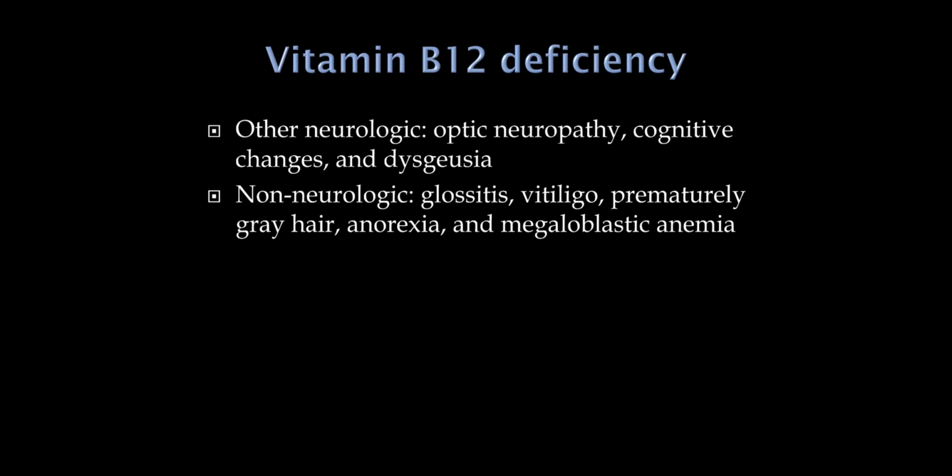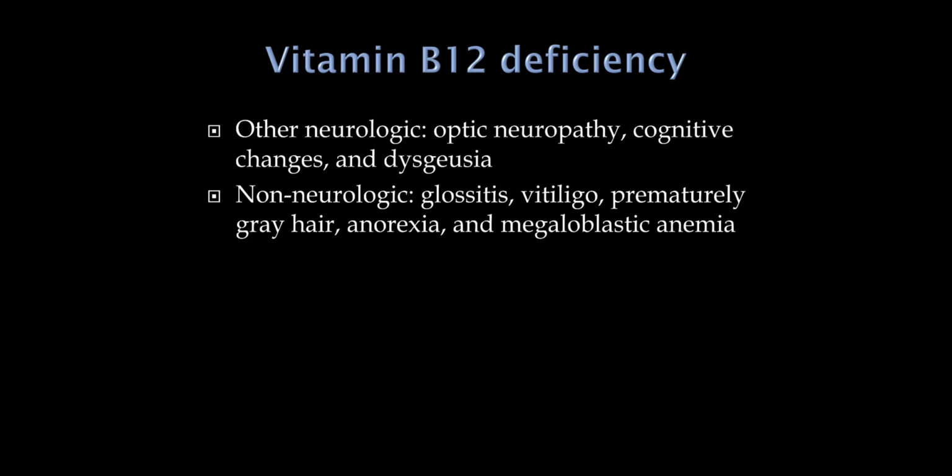Now, B12 can do a lot of other things. With regards to the nervous system, it can affect the optic nerve. So if we have a case of unexplained visual loss, and it looks like the lesion is in the optic nerve, well, we should be checking a B12 level. B12 is also important for normal cognitive function, so these patients can have confusion. So later on when we talk about dementia, in a workup for dementia, we always check a B12 level in these patients.